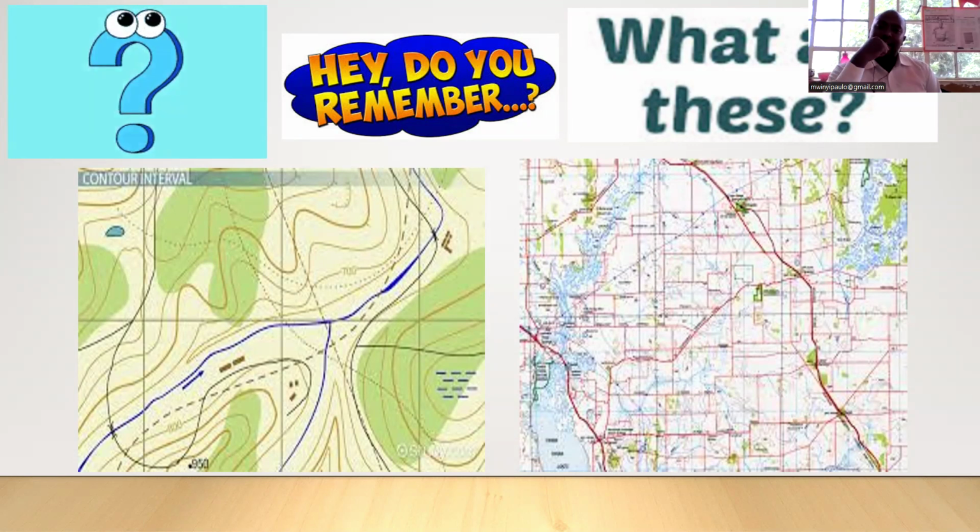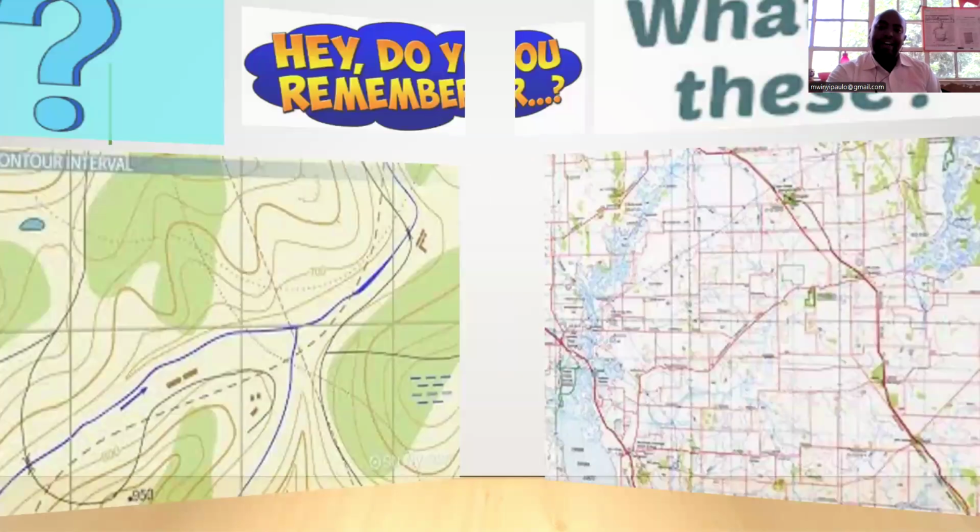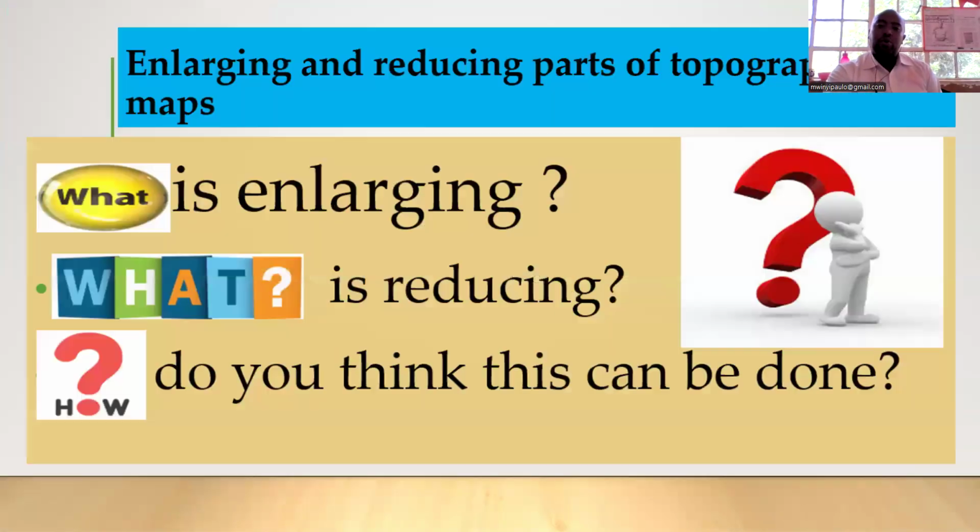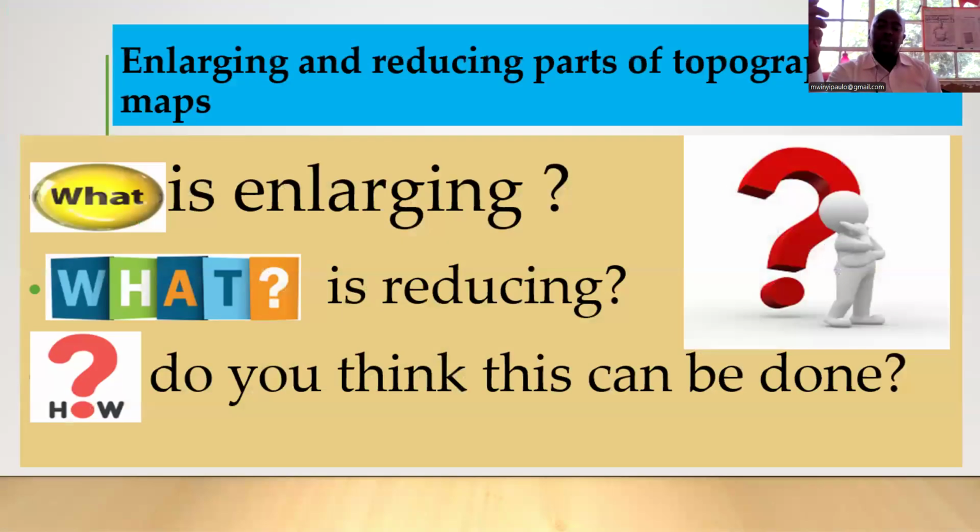And now someone might ask, what if I would want to enlarge, or what if I would want to reduce a topographical map? How would I be able to do that? That's what we're going to learn about: enlargement and reduction of topographical maps.